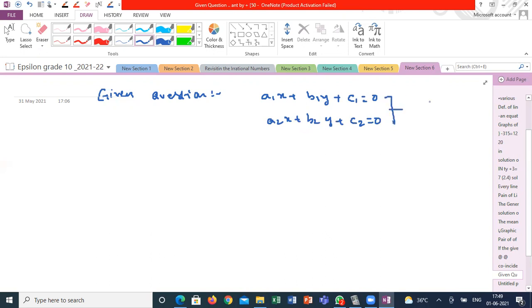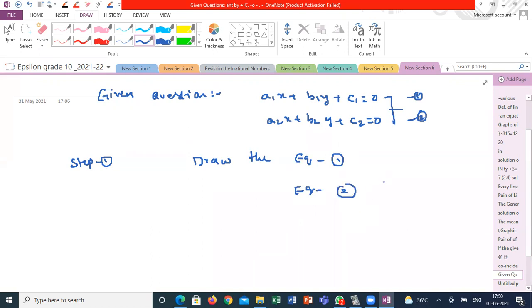These are the two different equations, equation 1 and equation 2. Together they are called a system of simultaneous equations, or a pair of linear equations in two variables. So first step, using some method, draw equation 1 on a graph and equation 2 on a graph.